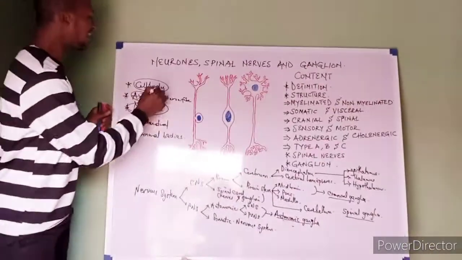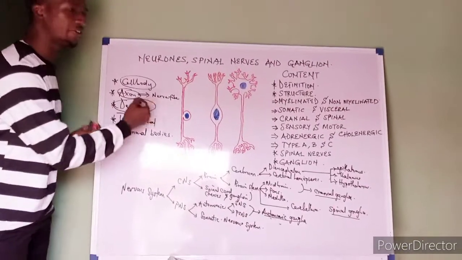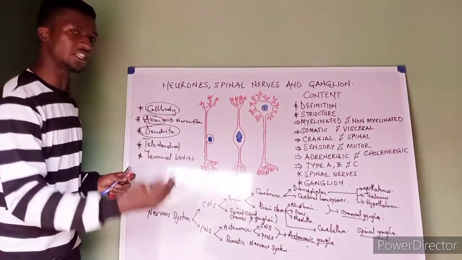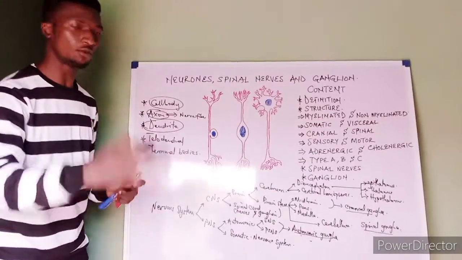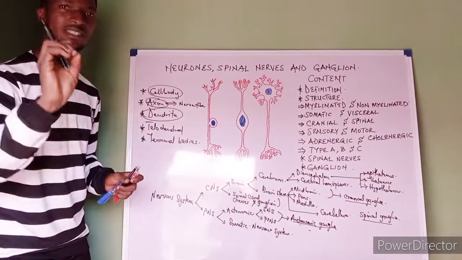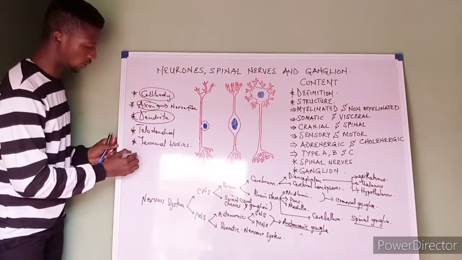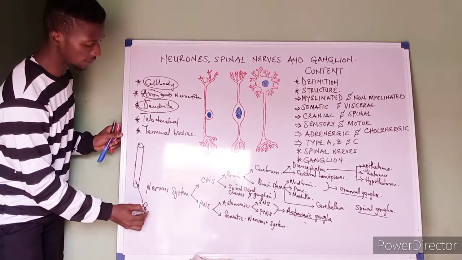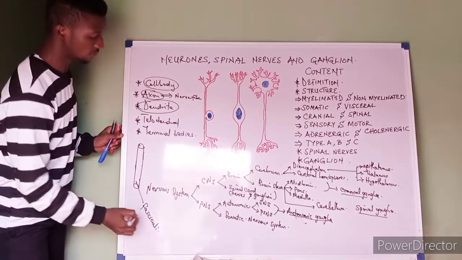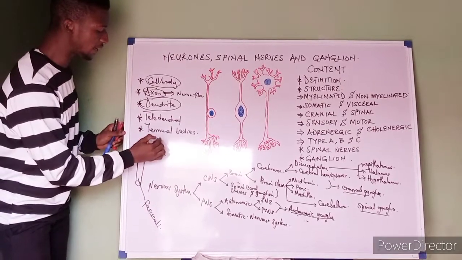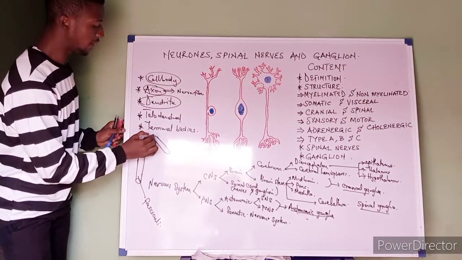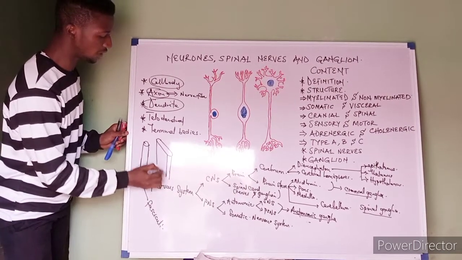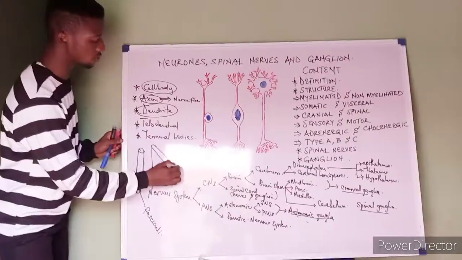The aggregation of nerve fibers carries impulses away from the cell body, and they can form several structures. The first one is a cylindrical structure called a fascicle. They can also form a structure like this, which is called a lemniscus.